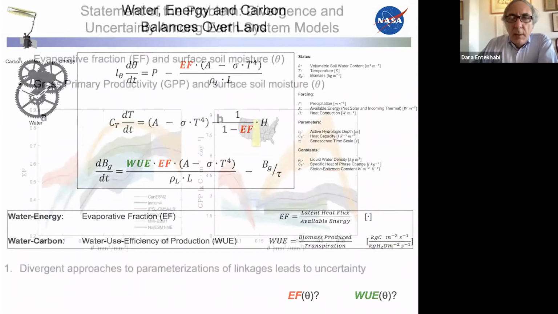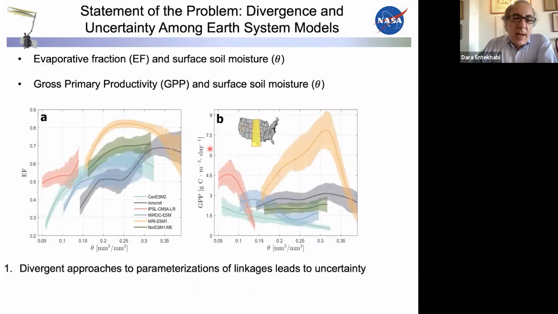So here's how they're linked in a few sample Earth system models from, doesn't matter which centers these are from. These are just from the SMAP 5 collection of model outputs.